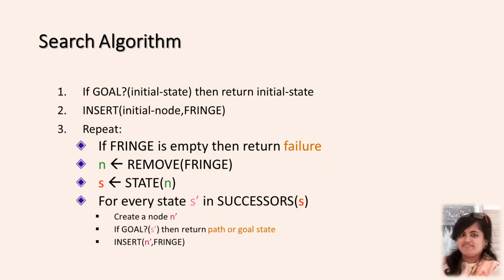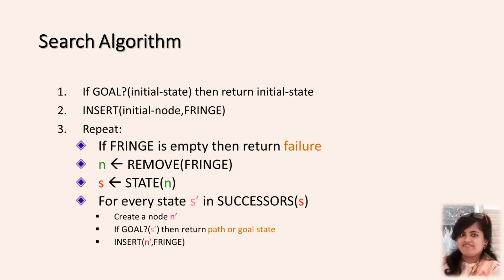If not, you need to search for the child nodes, that is, insertion of the fringe nodes, the nodes that haven't been traversed so far. So you need the insert function: insert initial node, fringe, that means the child nodes of the initial state will be given there. Now this whole process needs to be repeated.